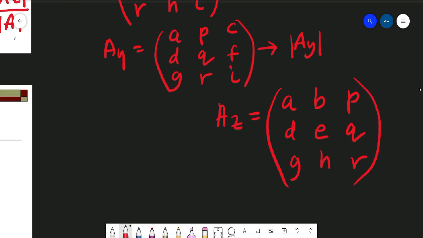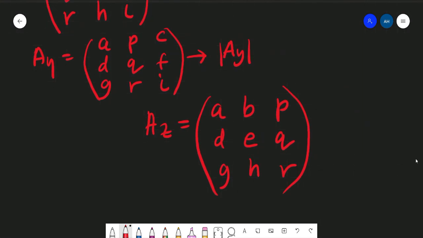Now from this matrix AZ, later on we can calculate the determinant of AZ. Use and follow the example that I have shown you in example number 2, how to find the determinant of a 3 by 3 matrix using 6 arrows, 3 downwards and 3 upwards.